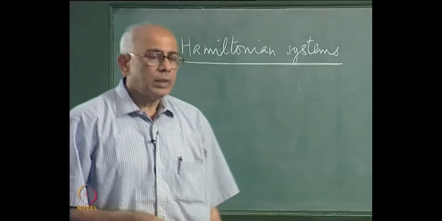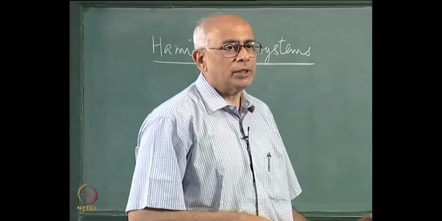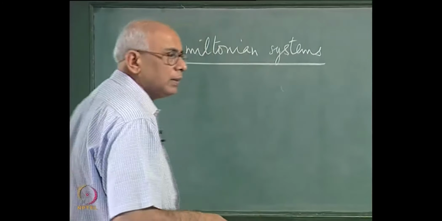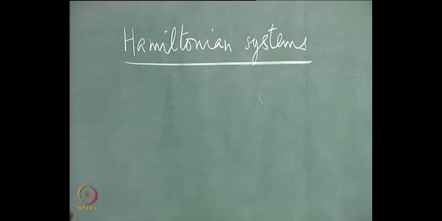These are systems which are always even dimensional in a very specific manner. They are described by a set of dynamical variables which occur in pairs, and therefore the total number of variables is always an even number.